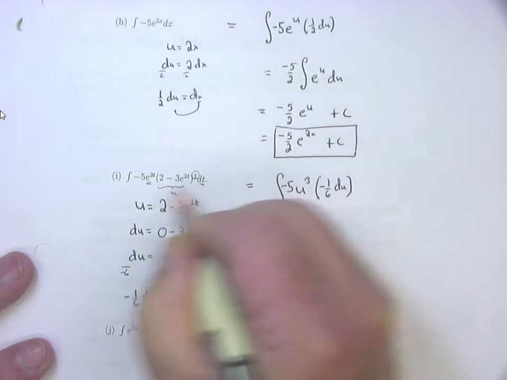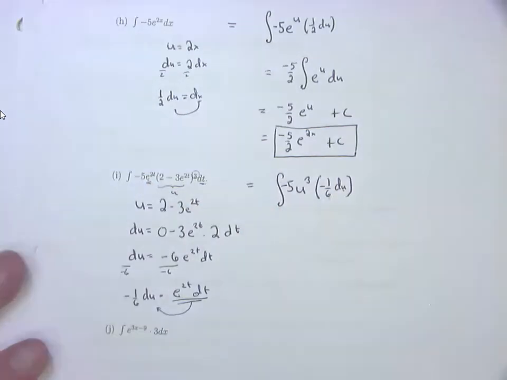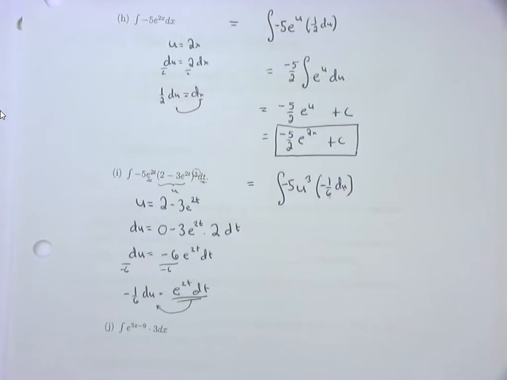So I'm literally substituting in for the e to the 2t dt is where the negative 1/6 du comes from. So u-substitution. And when you do the appropriate substitution, it should turn into, one, a problem with nothing but u's, du, and some constants, and clean it up, and it should turn into a formula that you have memorized.